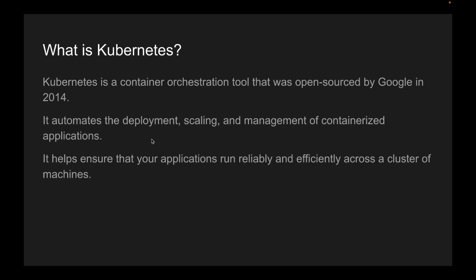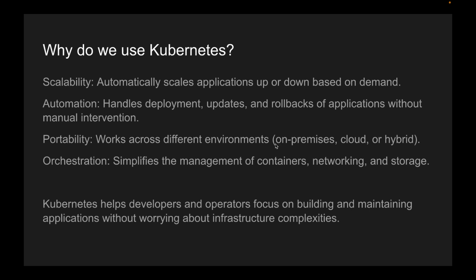It automates the main tasks of software development like deployment, scaling, and management of containerized applications. It helps ensure that your application runs reliably and efficiently across a cluster of machines. So why do we use Kubernetes?